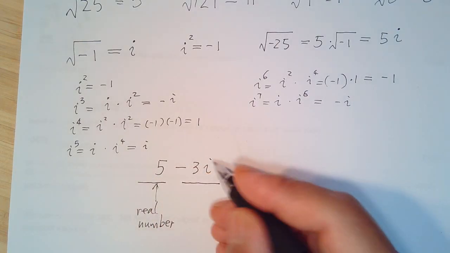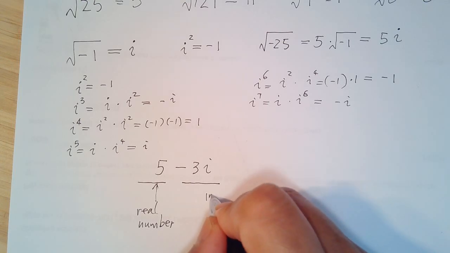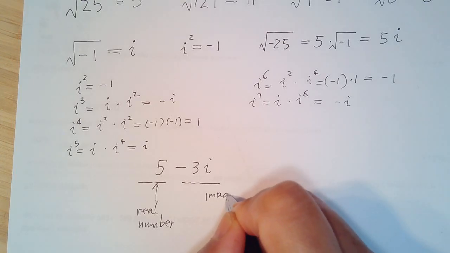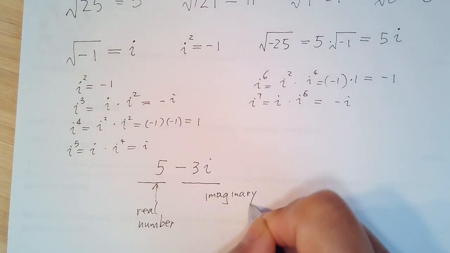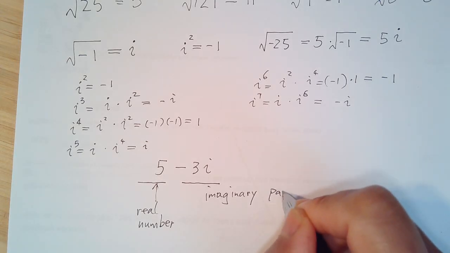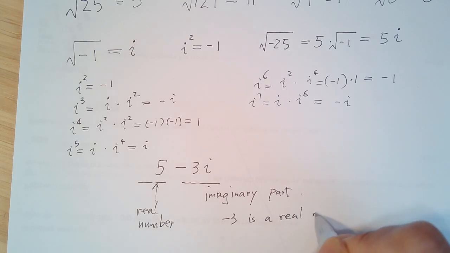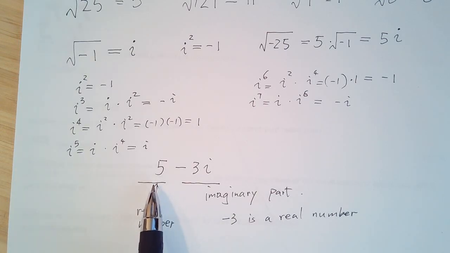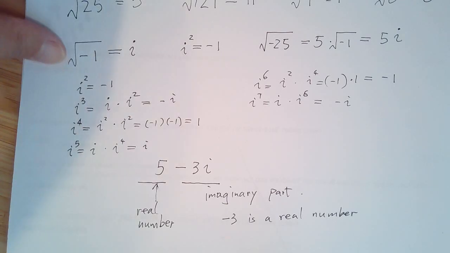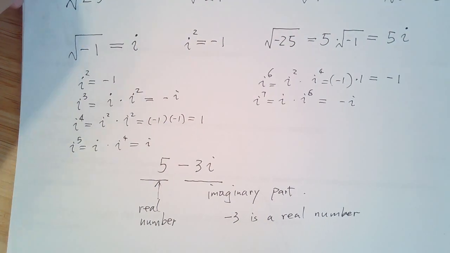And this is the imaginary part, and that -3 is a real number. So 5 minus 3i, that's 5 as a real number minus 3 imaginary unit. That's what it says. This is called a complex number.